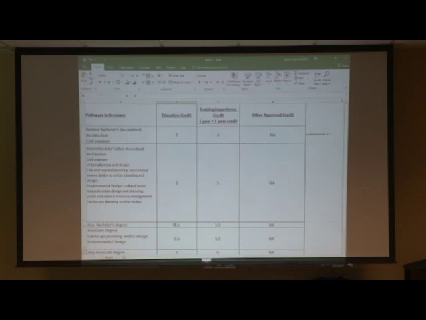Yeah, I just wanna say that, we're in semantics here, but environmental design associate's degrees, to me, having been through one, look very much like landscape architecture degrees. I would have looked at this and thought that I would qualify for 1 year, along with a landscape architecture degree from a community college.